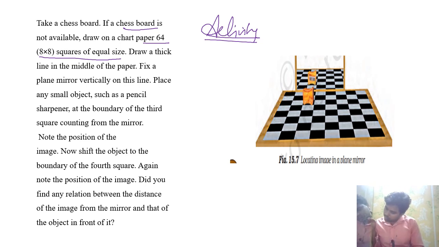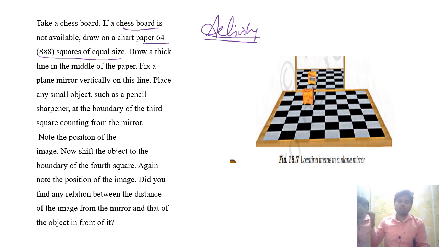Where I am putting this pen, the image is also formed there only. Now I am putting my pen on some board, and the image is also on some board only. So we can tell that whenever we shift the object, the image also shifts in the same pattern, in the same direction.